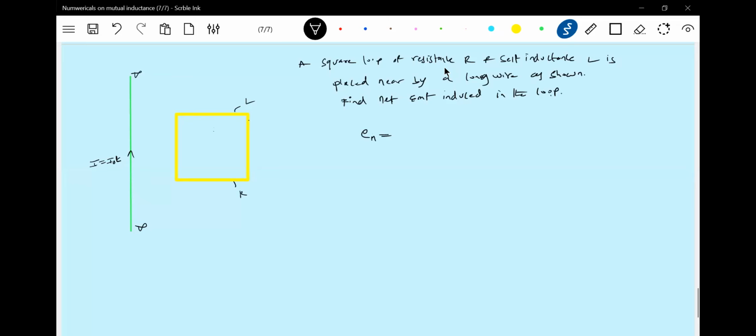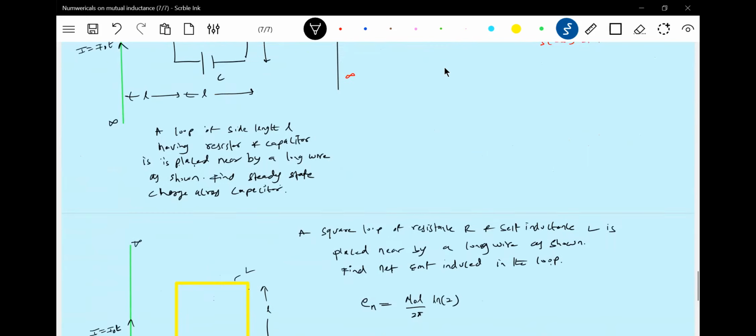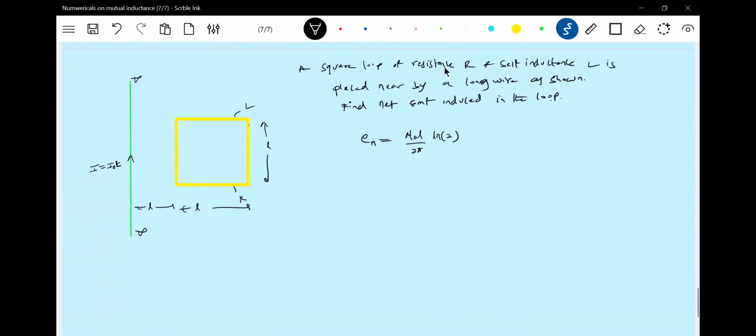EM, I'll write it. What is that EM? It should be equal to μ0 L/2π, again, μ0 L/2π log 2. Okay, the formula, μ0 L/2π log 2. I think it's better to remember, it's going to help you a lot.